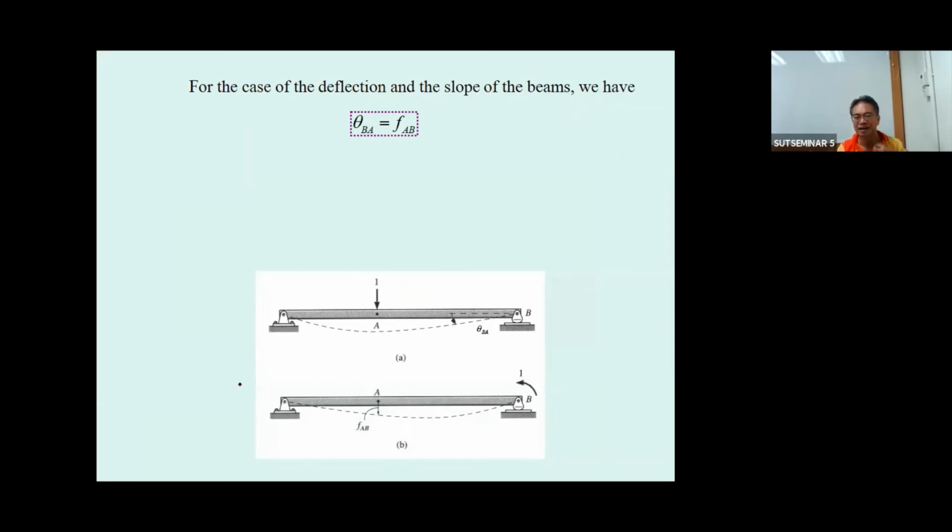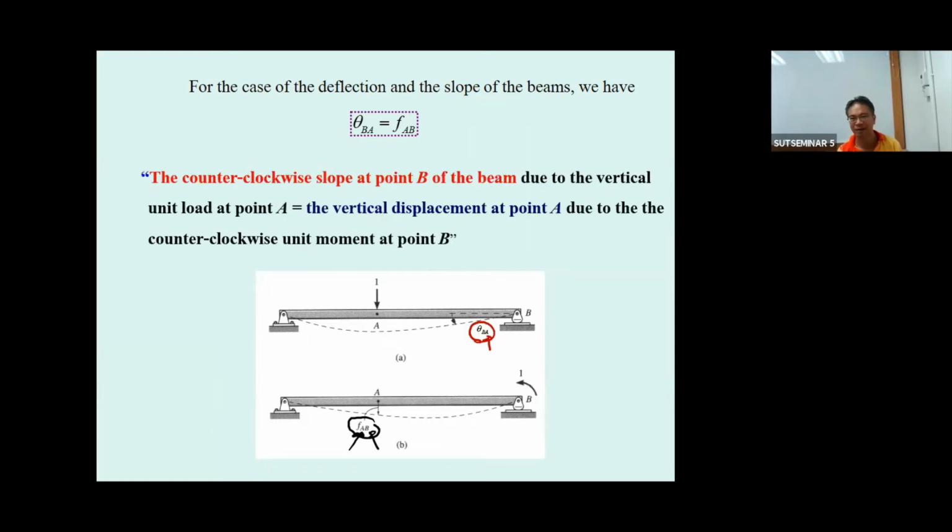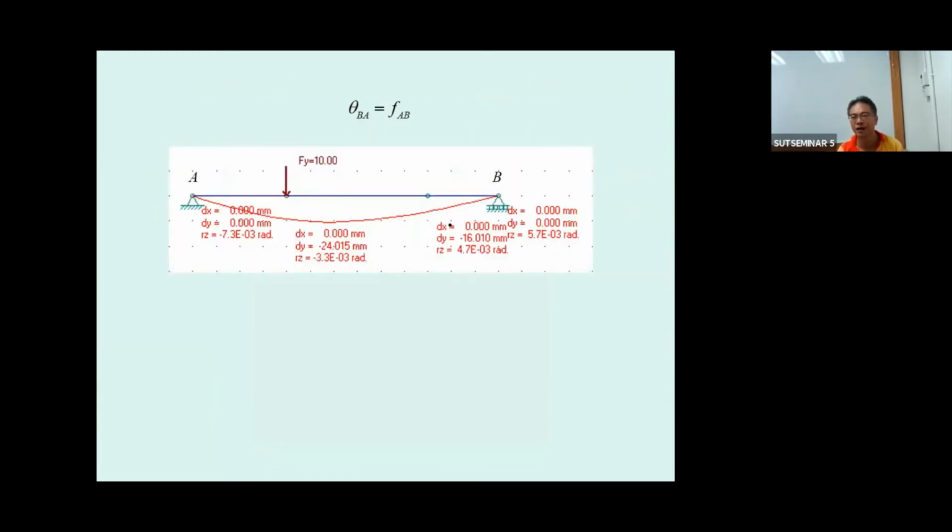They said if the unit load is applied at A, the slope at point B due to the force is going to be equal to the vertical deflection at point A due to the moment at B. Again, you put this one in the word like this, and you can prove it. The deflection here is going to be this value.